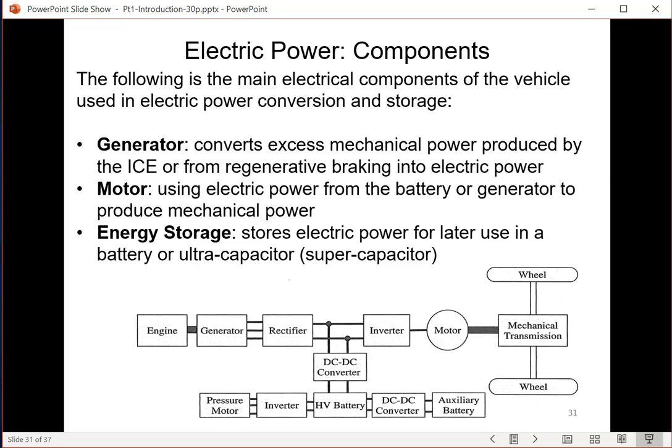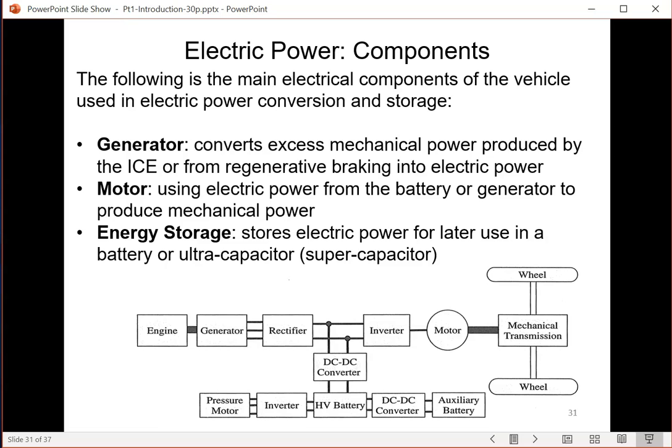For some hybrid electrical vehicles, you will need both: motors to drive the wheels, and a generator to generate electrical power from the engine. But for some, especially pure electric vehicles, you need the electric motor itself without the need for the generator.